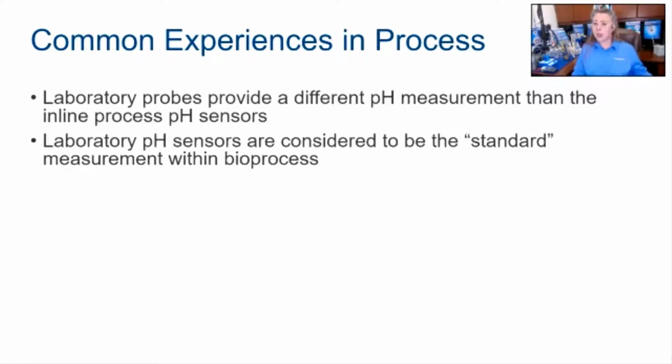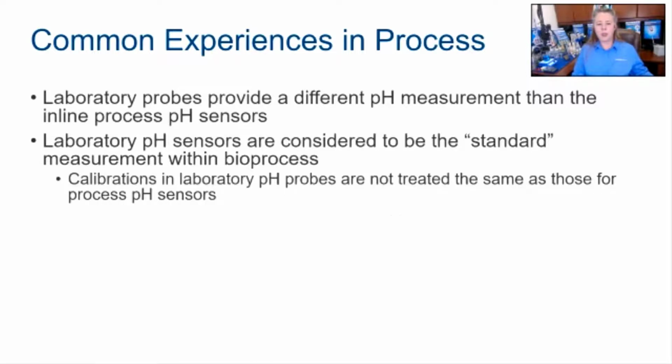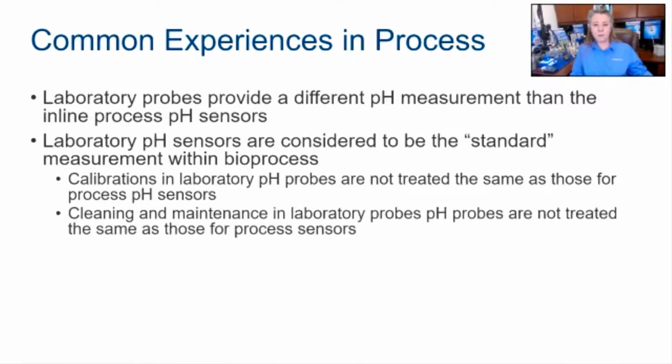There can be some challenges in doing that, because if you don't calibrate your laboratory pH probes the same way you calibrate your process probes, if you don't do maintenance and cleaning and all those other things and treat those laboratory pH probes as precious as your inline, you can lead to some differences in performance. So you might not be doing an accurate comparison.